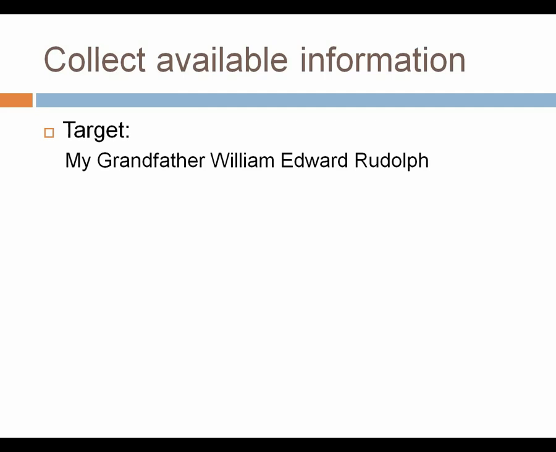So yes, I knew my grandfather, but there's a lot of information that I had to learn about him, and censuses is a critical place to begin. You're going to want to collect every census that's available for each of your ancestors.